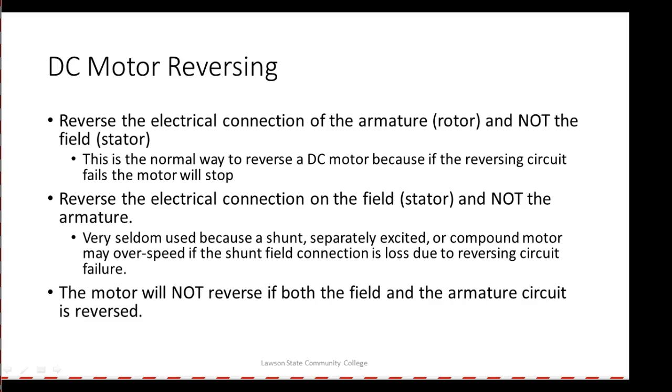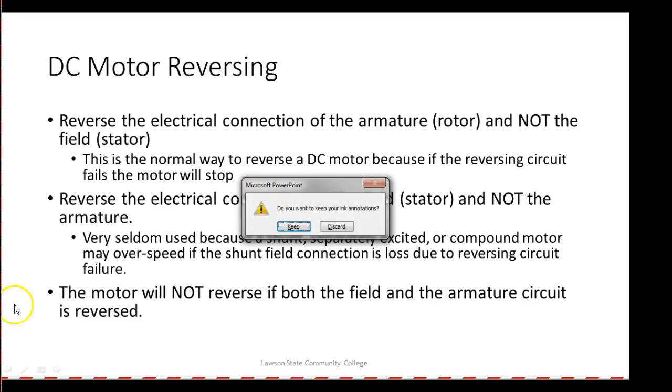If you change the orientation of the field and the armature, what you got to do is change one of them. Leave the other one alone. So normally on DC motors, we change the armature. The motor will not reverse if both the field and the armature circuit is reversed. I guess that should be an OR.